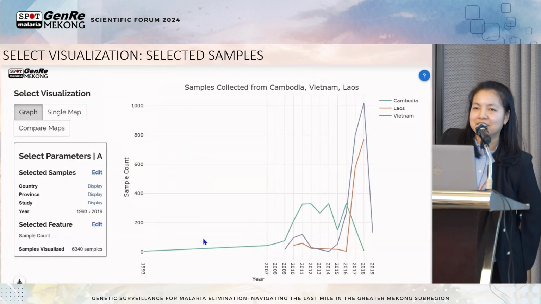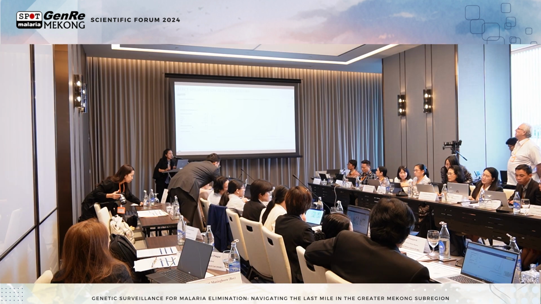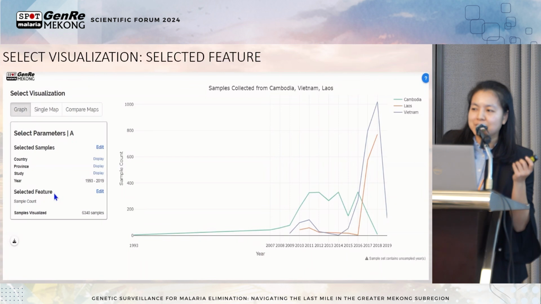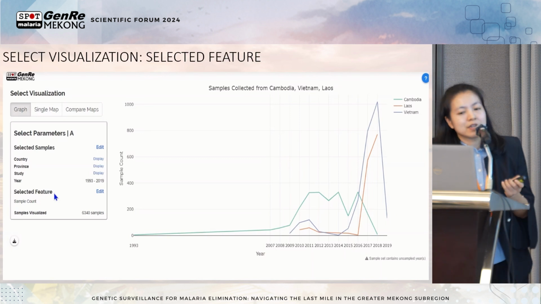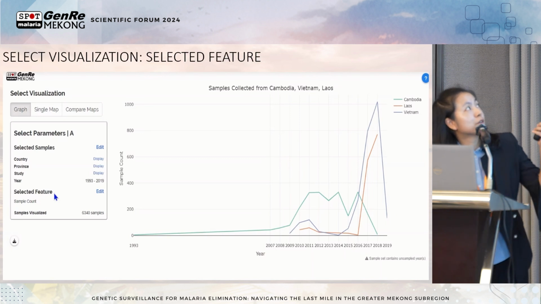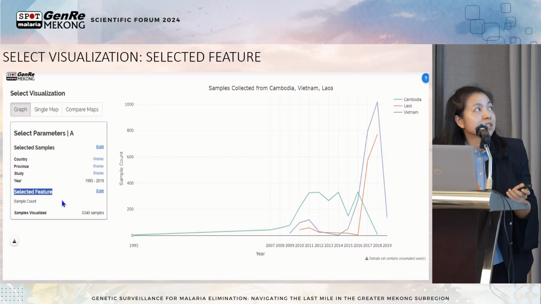Is it too fast? We'll go back to our original map of Cambodia, Vietnam, and Laos. I was showing you how to select the samples, but now we're going to go through the feature selections. We'll go down to where it says selected features and click on edit.